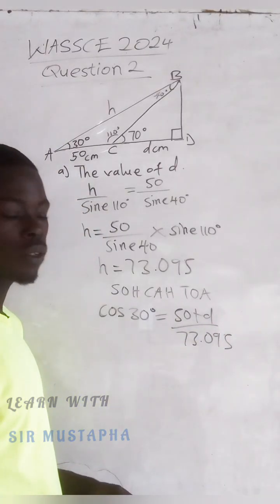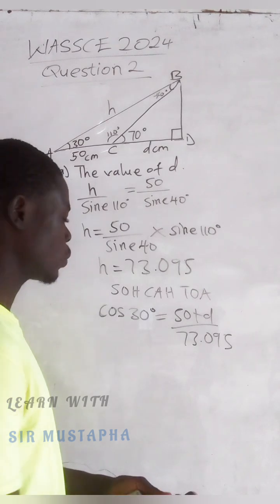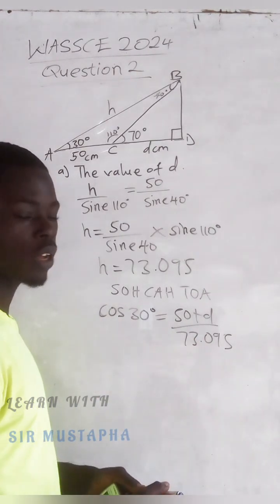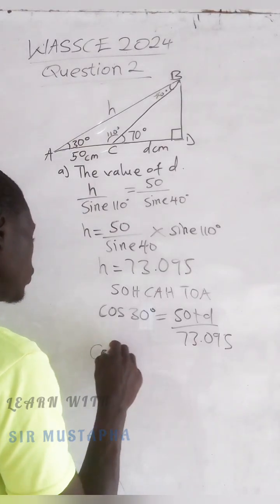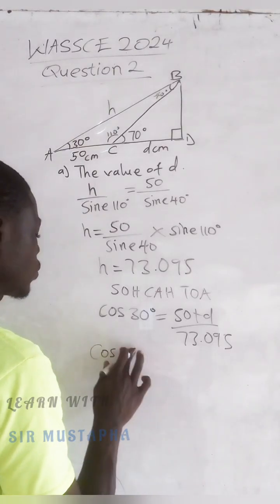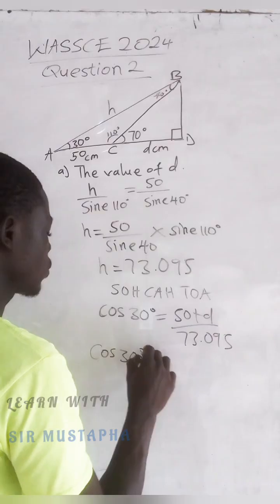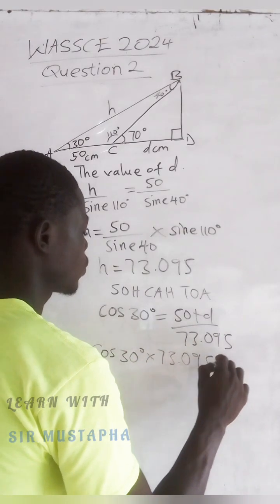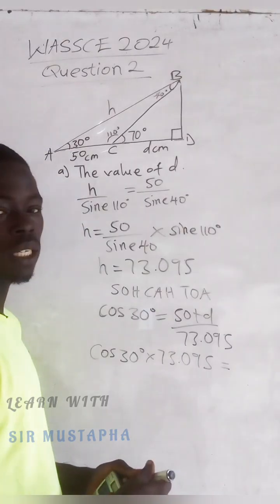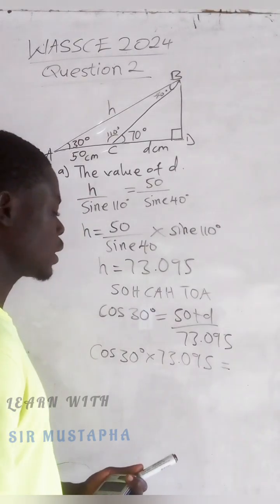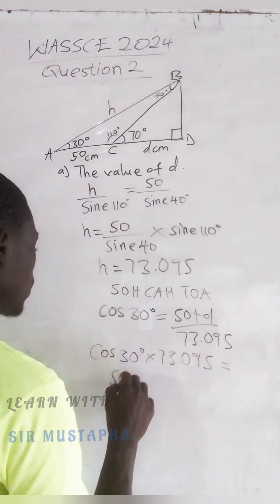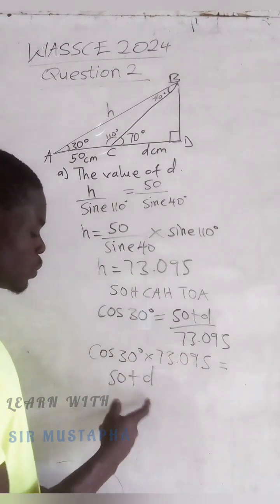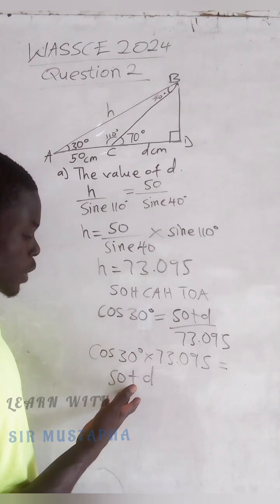After getting this, we have to cross multiply. You multiply cos 30 by 73.095, which will give us 50 plus D. Then we have to group like terms.